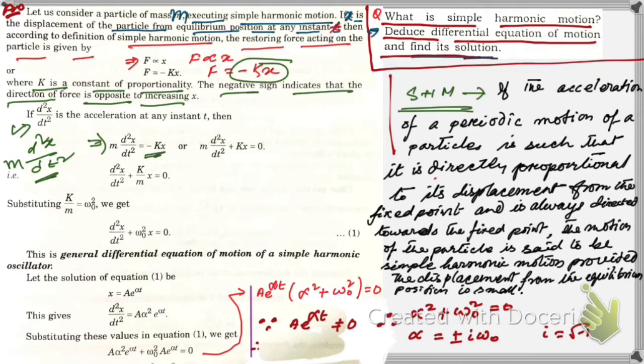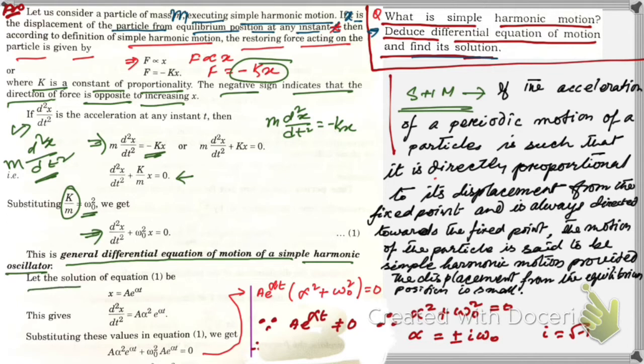If you simplify this equation, you will get this equation. Here if you substitute k by m as omega naught squared, then we get this differential equation. So this is the general differential equation of motion of a simple harmonic oscillator, right? So hope you have understood this.